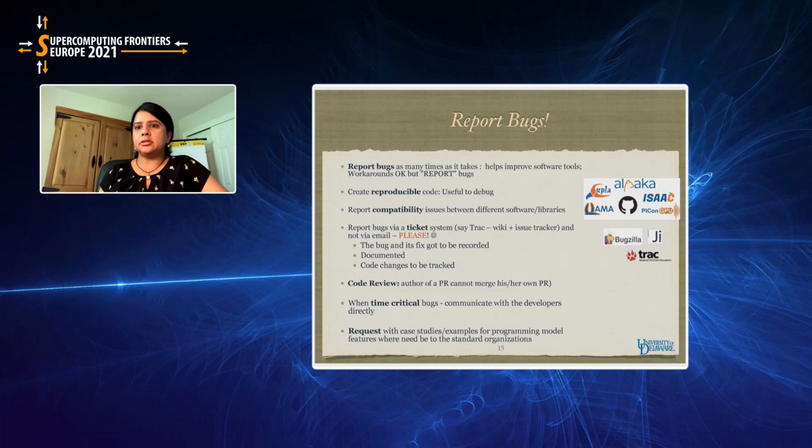At the same time, this is also a good application where we are trying to create little benchmark codes, because PIConGPU is massive, right? If you want to figure out if a particular optimization is working, you don't want to run 50,000 lines of code. You want to write a test code to check if that particular optimization is really doing its job.